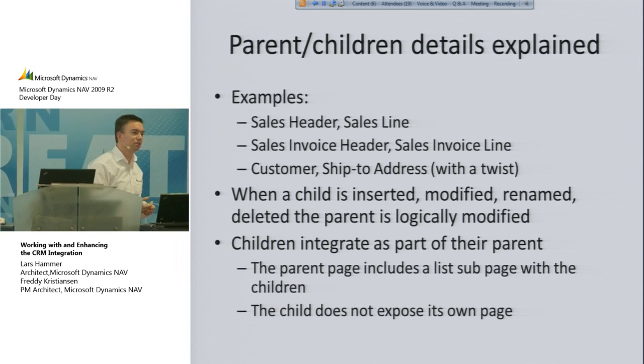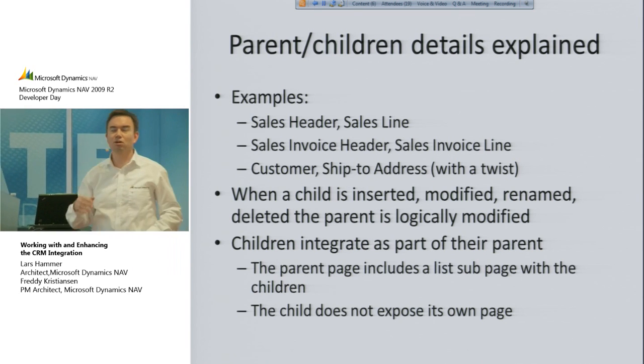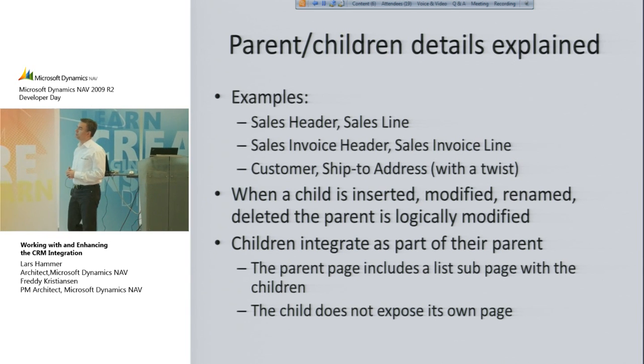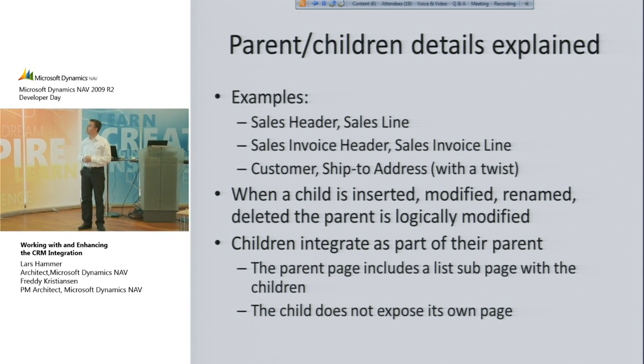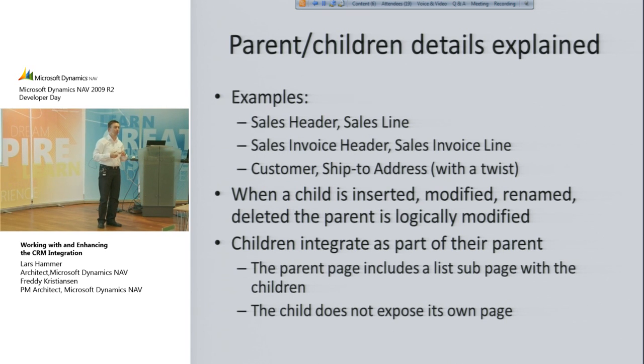So this time Freddy showed a little more advanced entity, namely the common header and lines pattern. So we thought we'd just briefly mention some of the things that you need to think about when you're doing that. The first thing is when you actually modify a line, you are in essence modifying the header. It's not always that the NAV logic will actually update any field on the header.